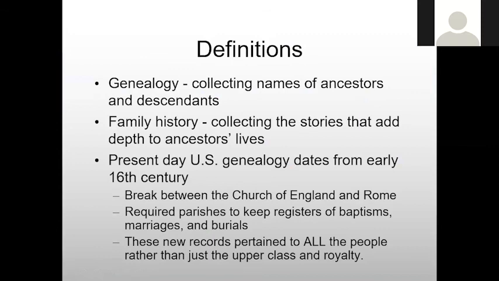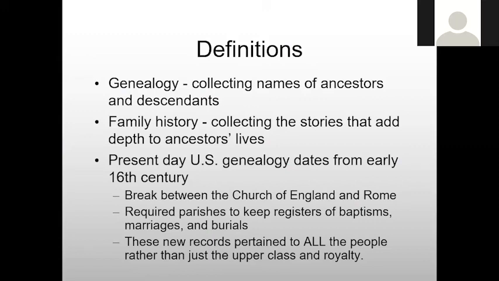First thing we're going to do is look at some definitions. Genealogy is the collecting of the names of our ancestors. And while we concentrate mostly on our ancestors, we cannot forget about the descendants. They are equally as important, and they are the cousins that you will have to interview and to talk to that may have participated in different events with the grandparents, or who have attended the same event that you did, but have distinctly different memories.